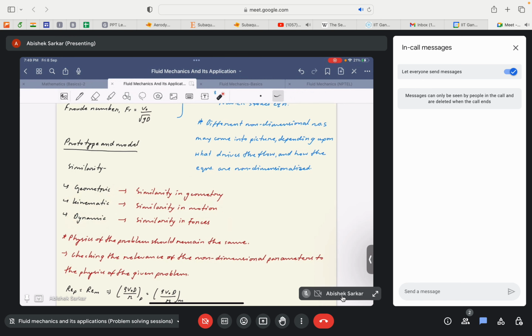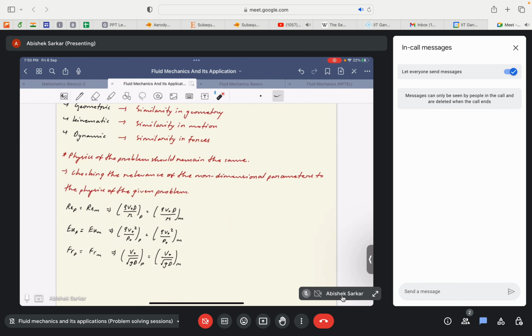These two conditions are the precursors before arriving at the conclusion that the flow field is dynamically similar, or that the prototype and the model are in dynamically similar conditions. So this is a very important concept that you need to know. In order to achieve dynamic similarity, the geometric as well as the kinematic similarity must be satisfied. So I hope it was clear.